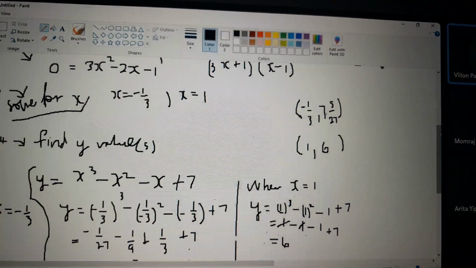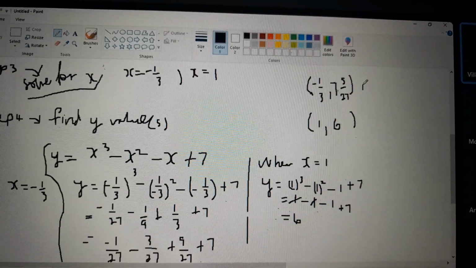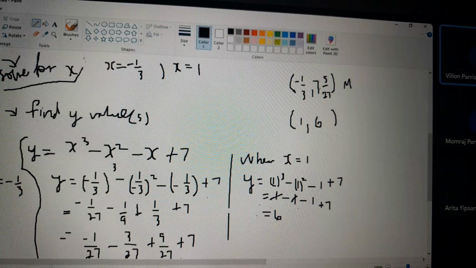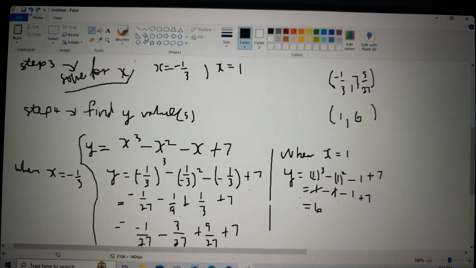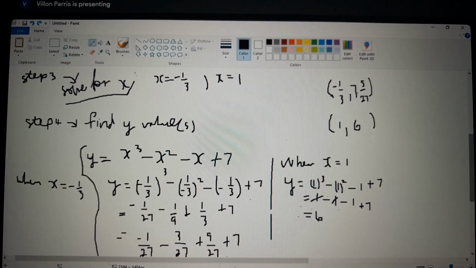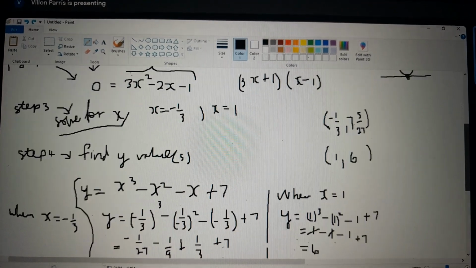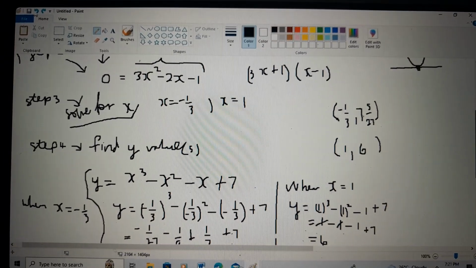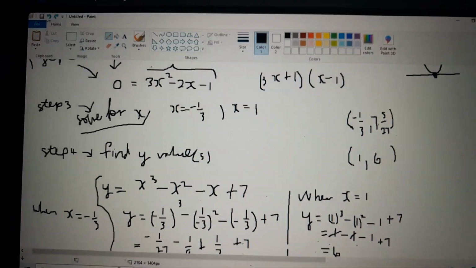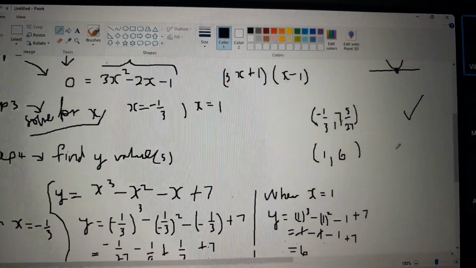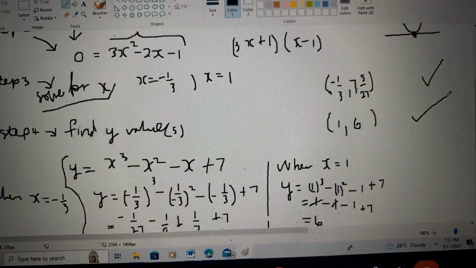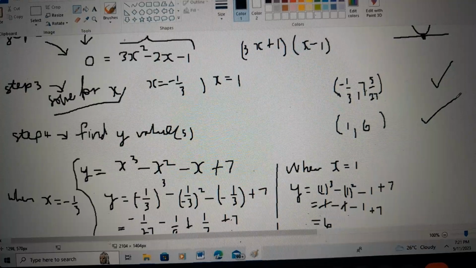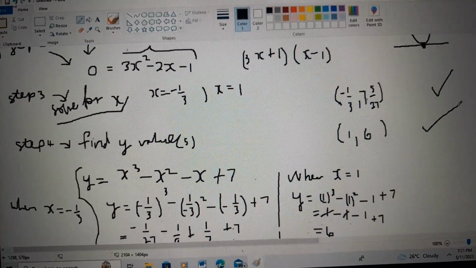The next thing we have to do is say if it's a max or a minimum. Are you following? Yes, no? We have found the points. These are the two turning points. But now we need to say if it is a maximum, a minimum, or a point of inflection.